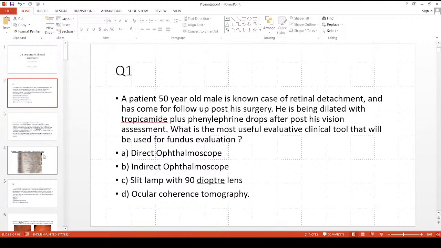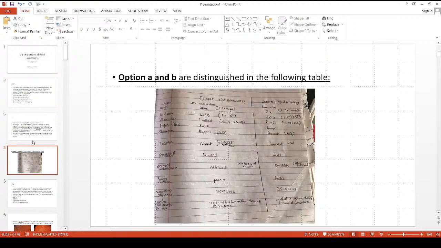So what are the equipments? We have studied the indirect ophthalmoscope. Let us study the differences between direct and indirect ophthalmoscope so that when a question comes on this topic from any angle, you'll be able to answer it. Also, know the optics of the slit lamp along with 90 diopter magnification and try to know the basics about OCT. So, we'll see a basic thing.